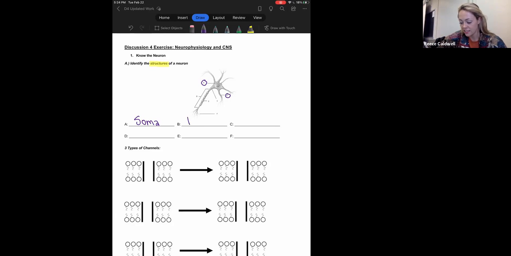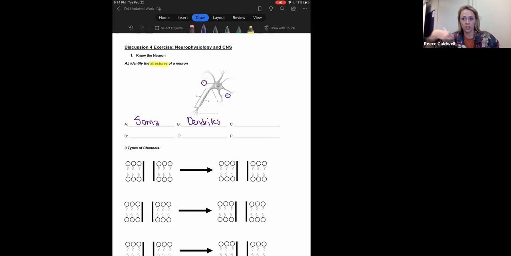B is the dendrites, and dendrites are responsible for receiving signals. They have these long arm structures and they will receive signals. Those signals are normally neurotransmitters. So they'll pick up neurotransmitters, send them to the cell body.